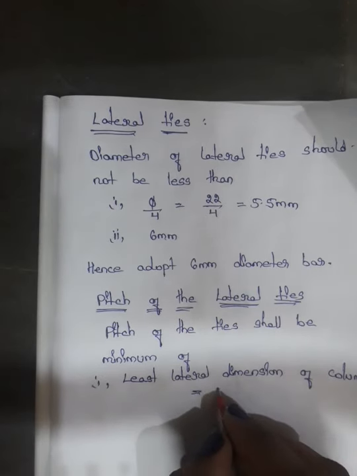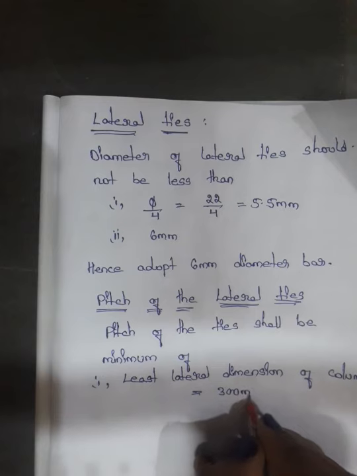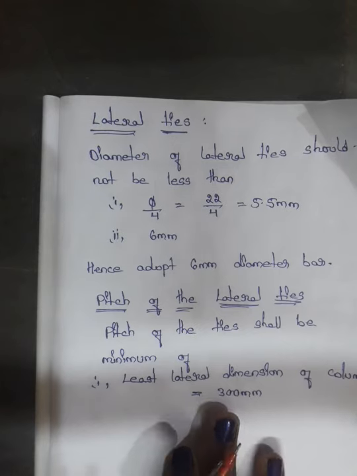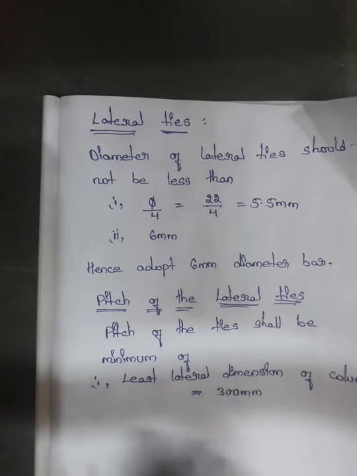As it is a square column, we have both values the same, 300 mm by 300 mm. If it is 300 mm by 400 mm, you need to take the least lateral dimension among them. So the least lateral dimension is equal to 300 mm.